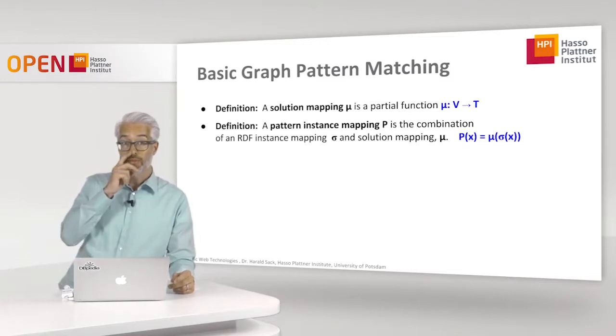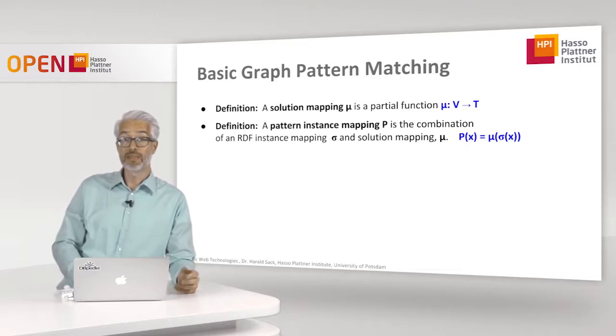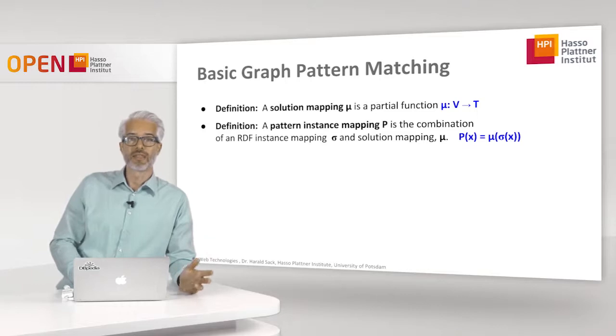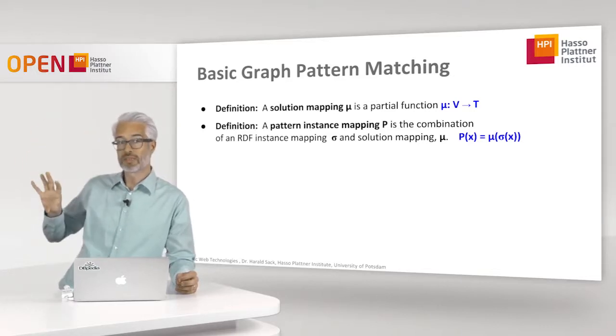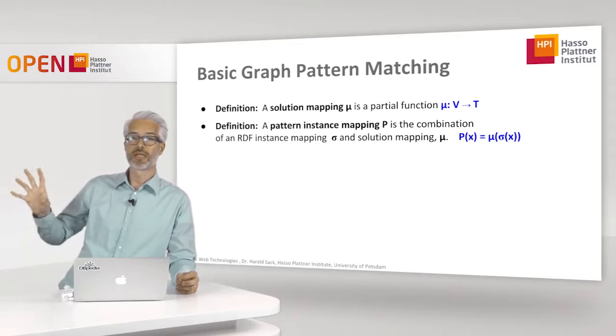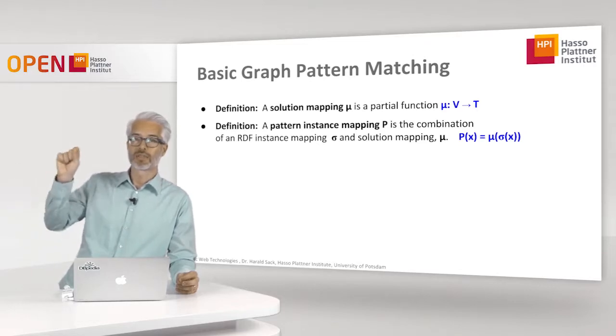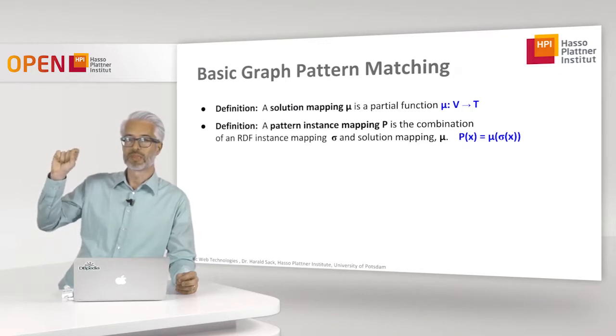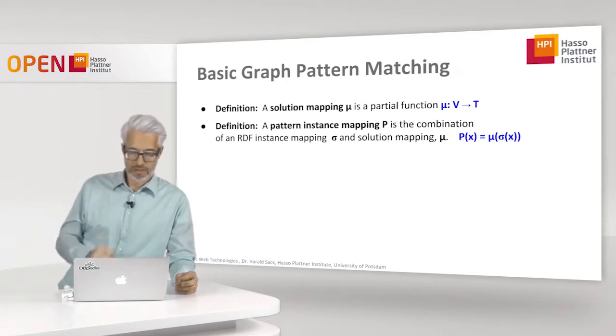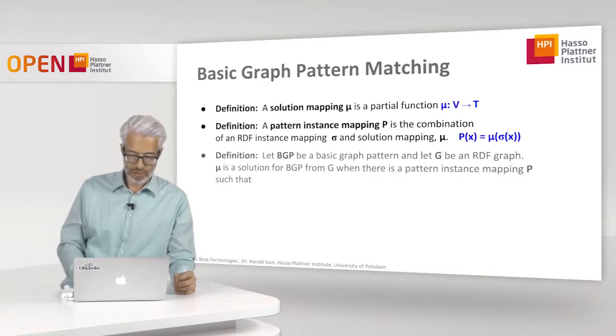It means a pattern instance matching P of X is nothing else than an RDF instance mapping sigma of X and a solution mapping mu of X. So first we try to map all the triple patterns on our subgraph, and then we try to extract what the variables are and what the bindings of the variables, the mappings of the variables, are. Therefore it's expressed in the way you see here.